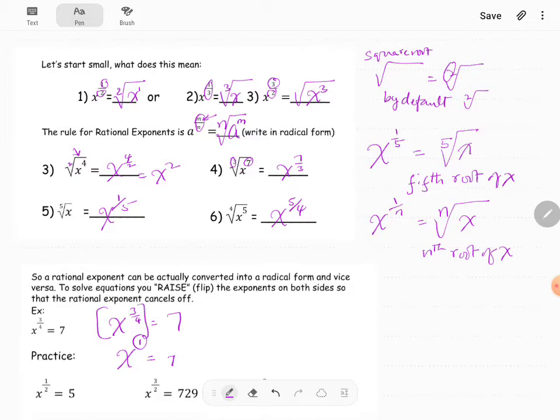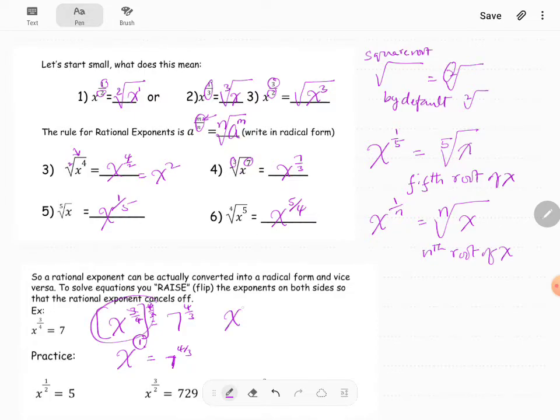Only if I multiply the exponent by 4/3 so that these will cancel off. But what we do on the left must be done on the right side also. So we flip the original exponent and multiply it, we get 1 here and 4/3 here.